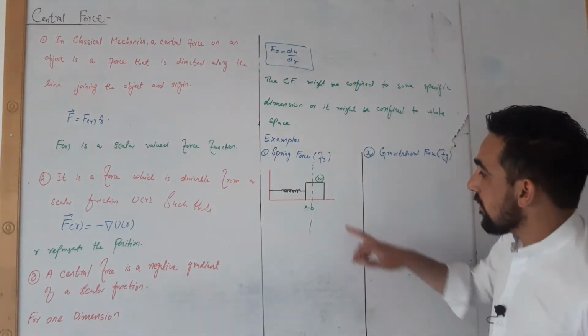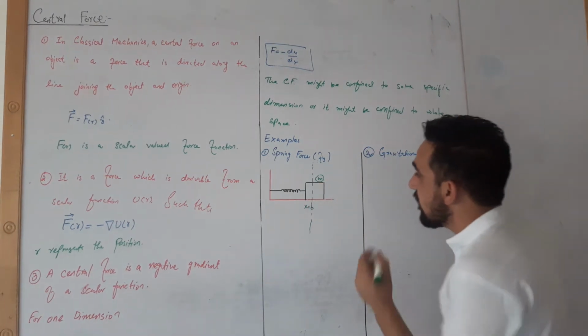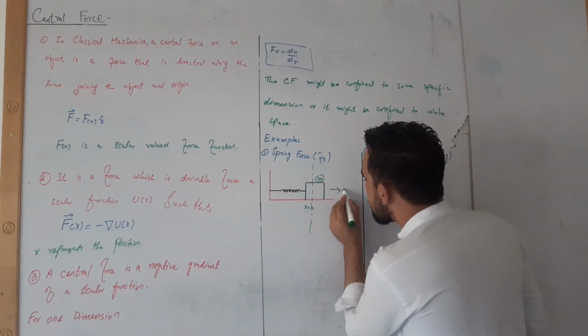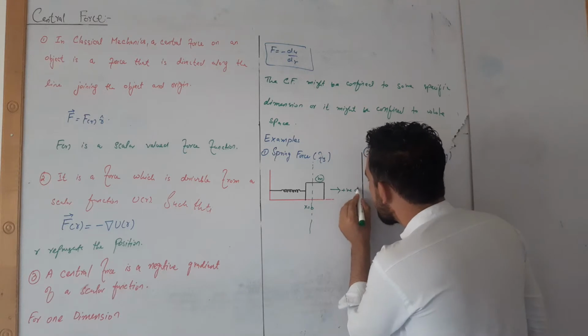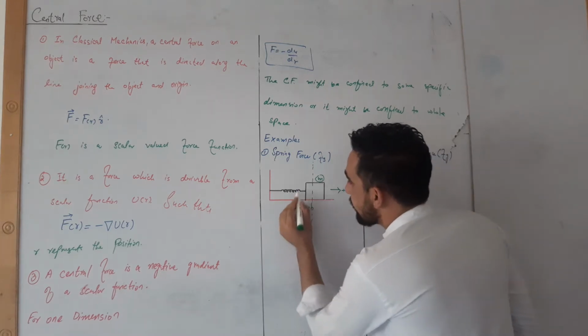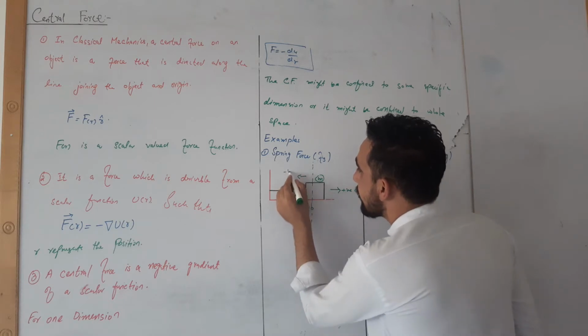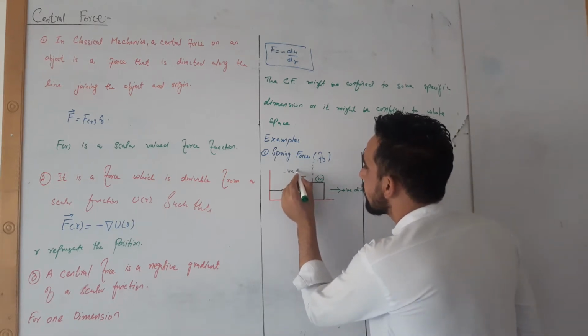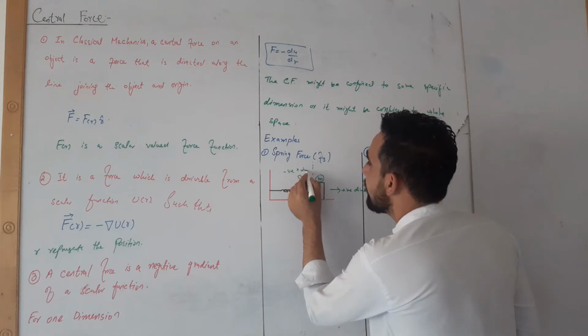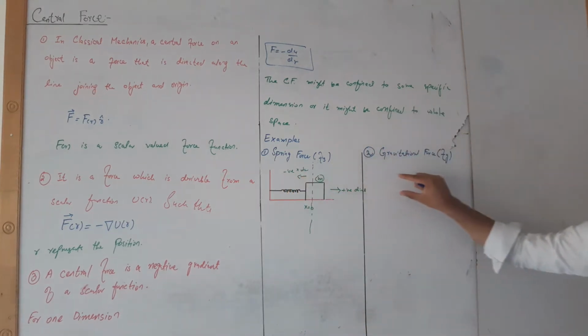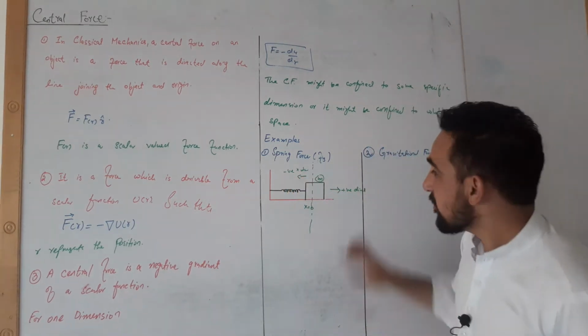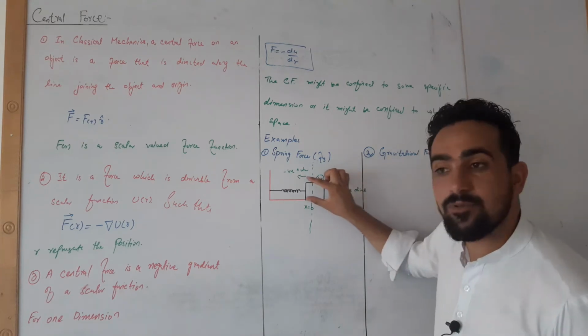Let us say this is the positive x direction, and this is the origin, and this is the negative x direction. Okay, so if I extend this mass under the action of the restoring force, it will go back to its mean position.